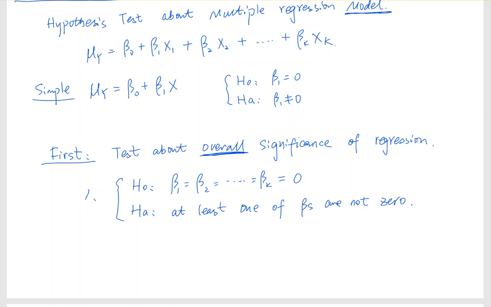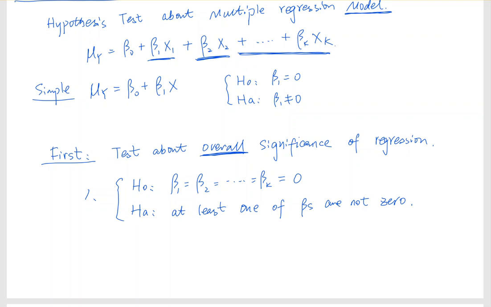Alright, so if beta 1 equals beta 2 until beta k, all of them equal 0, that means this term will be gone, this term will be gone, all of these terms will be gone. That means there will be no relationship between the explanatory variables and the response variable.